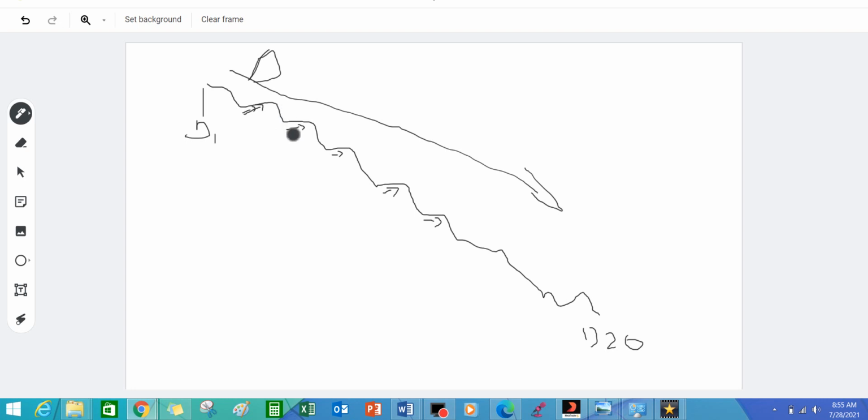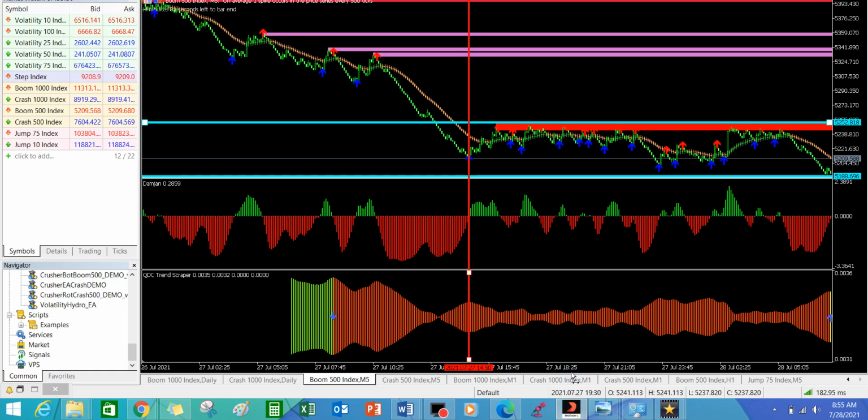That is very, very important. That is why knowing your trend, your support and resistance levels, and your entry and exit points are very, very important. So let's go straight to the trading platform so that we will get to know all these.